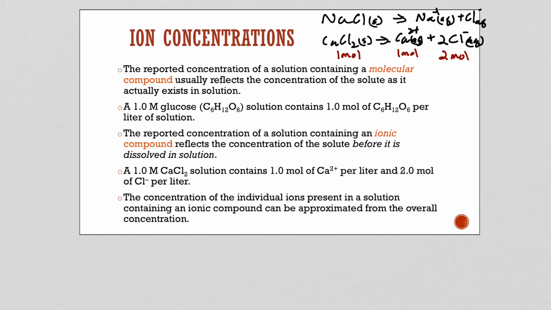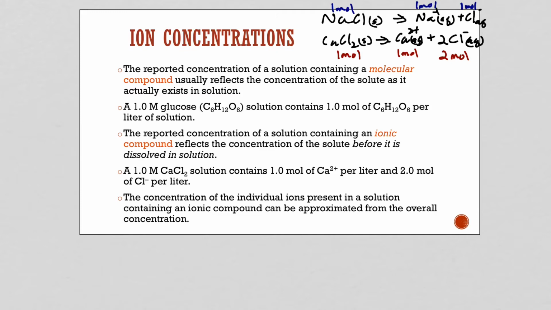So we have 3 moles of ions that are generated from this 1 mole of compound. The same thing with the sodium chloride, right? 1 mole of sodium chloride will generate, in this case, 1 mole of sodium ions and 1 mole of chloride ions.